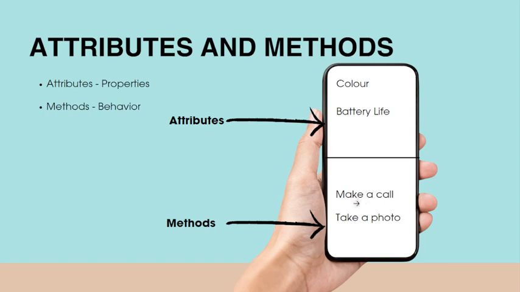Also, make a call, take a photo: these are the behaviors of this mobile phone template, this mobile phone blueprint. So we call them methods when we come into the OOP concept. So a class could have attributes which are the properties of that template. Also a class could have a method or many methods which are the behaviors of that blueprint.